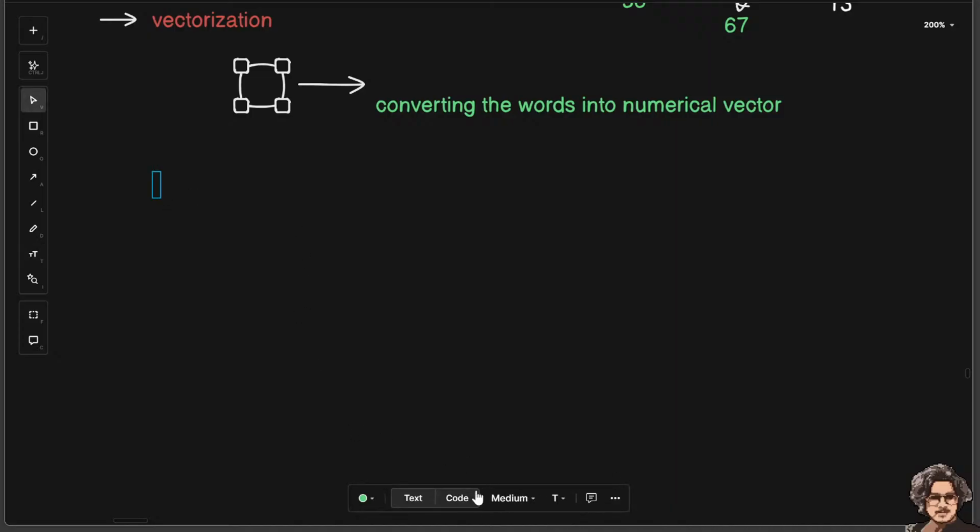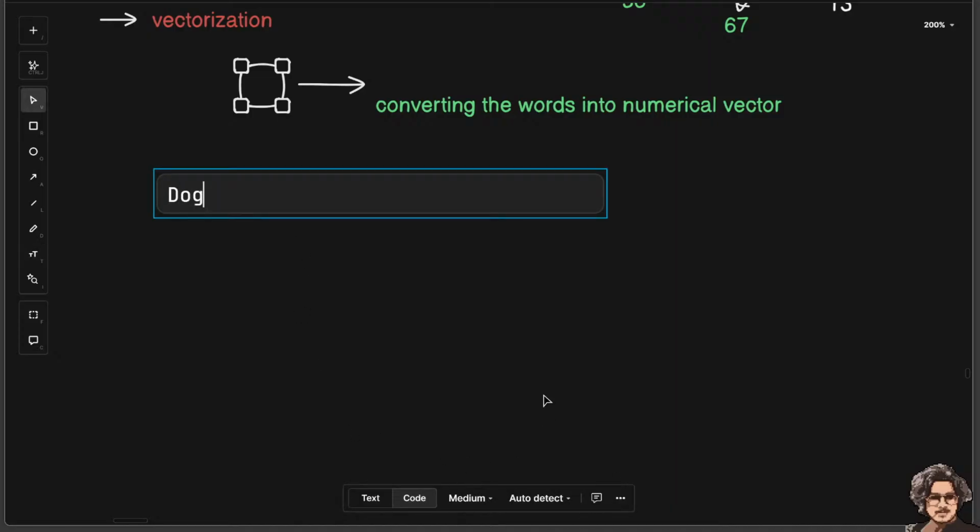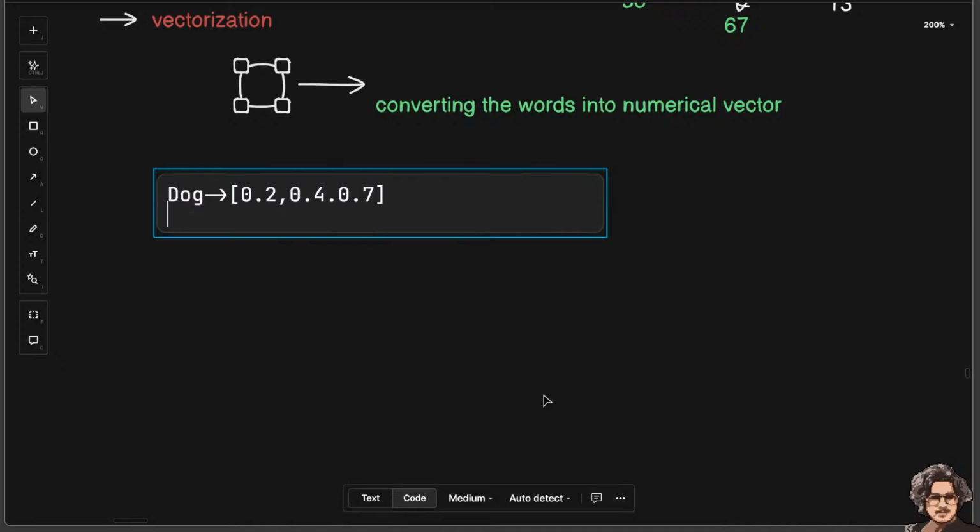When we write something like dog, we have to convert it into vectors, like 0.2, 0.7, 0.4. And if we write cat, it can be represented as 0.6, 0.8, 0.2. This is known as vectorization, converting the word into vector form.